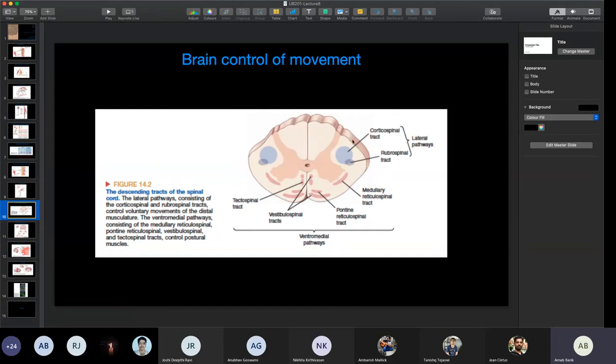There are the corticospinal tract and the rubrospinal tract, and the names are basically where they originate from.